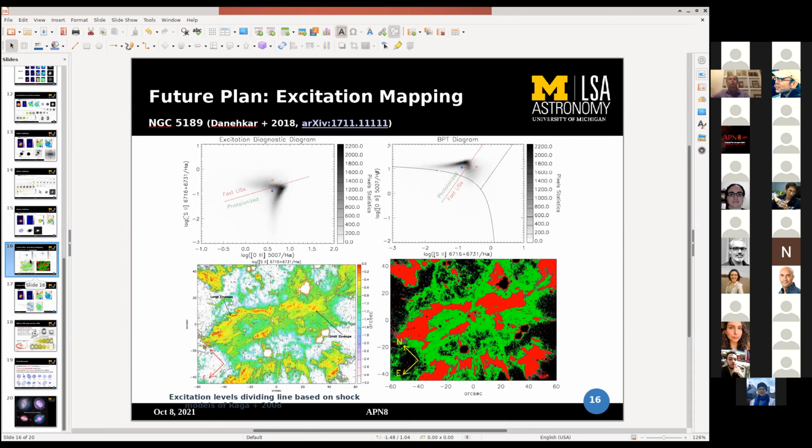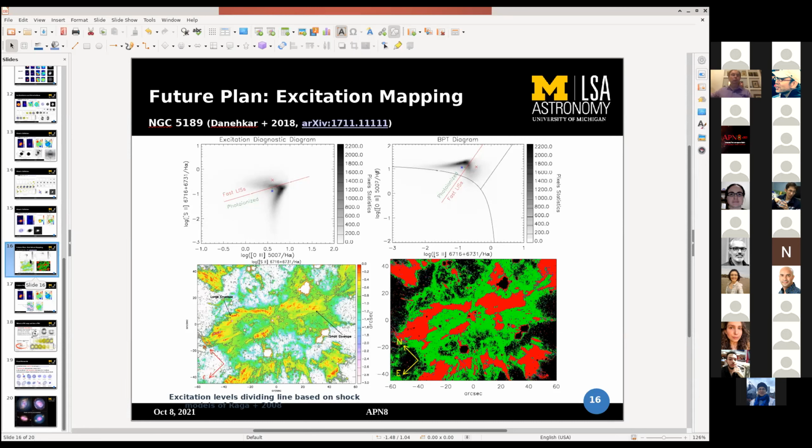So we use these techniques to distinguish the low ionization, which could be fast low ionization emission regions, but we don't have any long-slit high resolution kinematic observation of this region. So we cannot say if they are very fast or not, but they seem to have very high density.